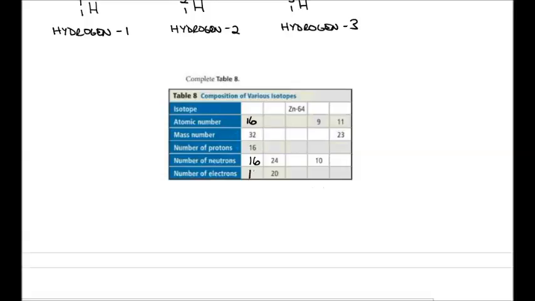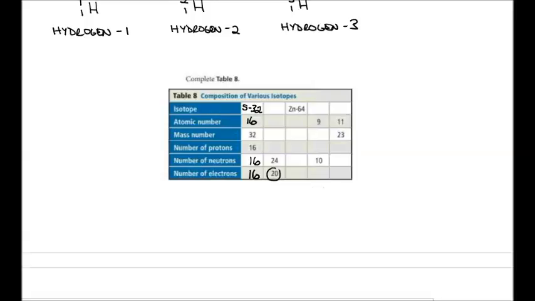The number of electrons is equal to the number of protons. And then the symbol, we have to look up atomic number 16, and it is sulfur, and then dash and the mass number, 32.